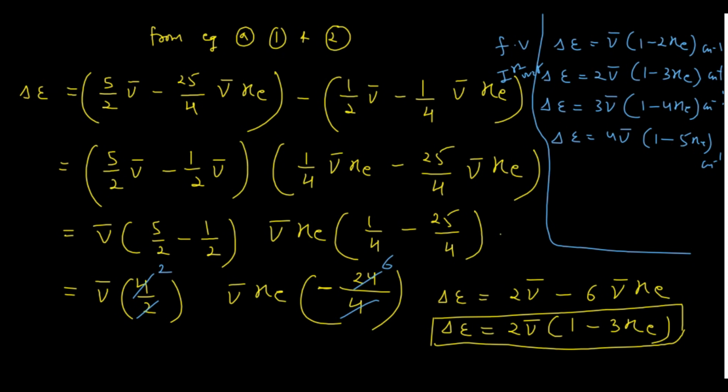And if these overtones or the combination bands are absent, then the harmonic approximation is the best one. However, in pure vibrational spectroscopy, the transitions like V equals 1, 2, 3 are not very strong due to the low population and the harmonically forbidden transitions. This is something very important.